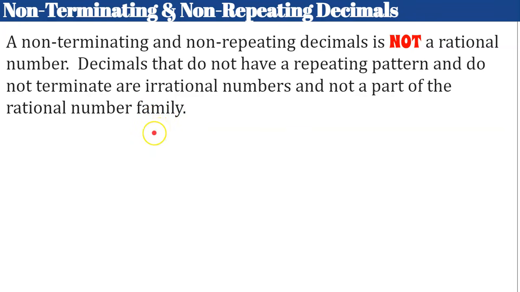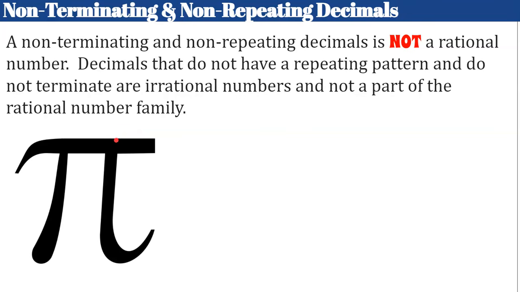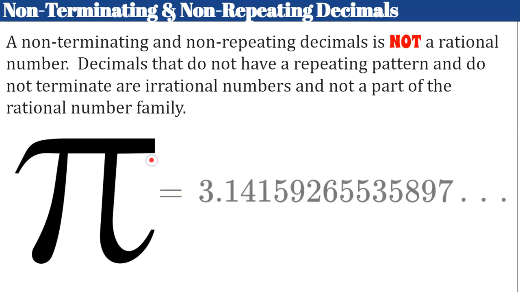Now, although you're only in 7th grade, or maybe you're watching this as review, you're all aware of the number pi. You've probably played with pi on Pi Day, March 14th, and done some investigations relative to the circumference of a circle. Well, pi is not a rational number. Pi represents a decimal that does not have a repeating pattern and never terminates.